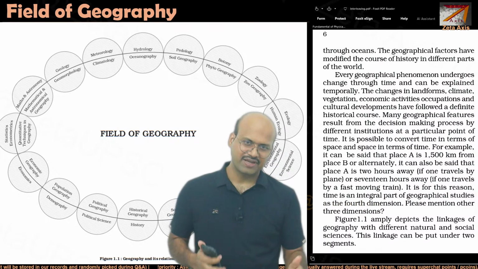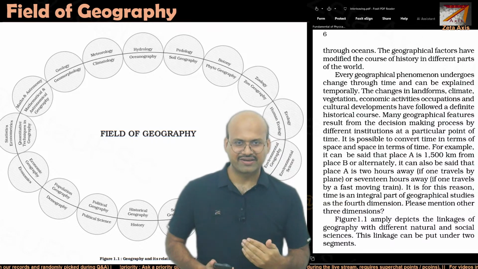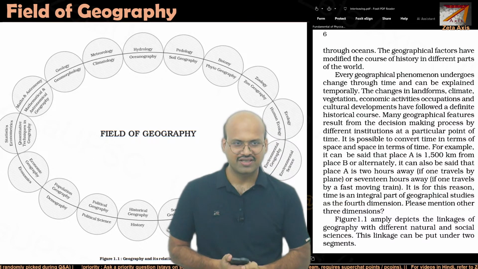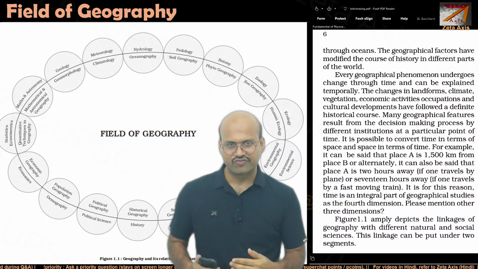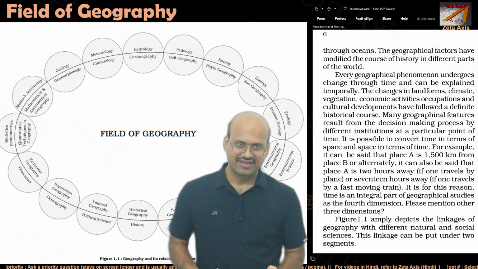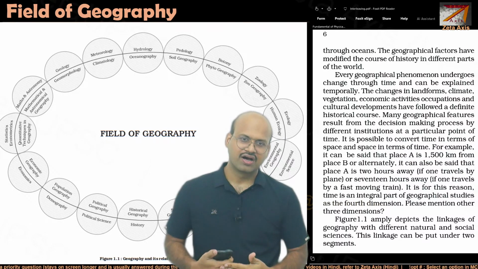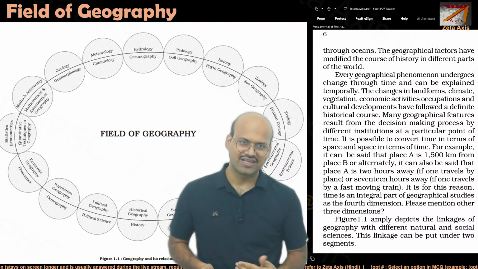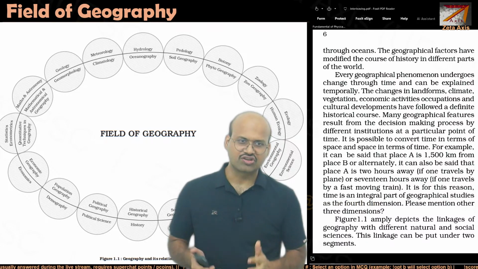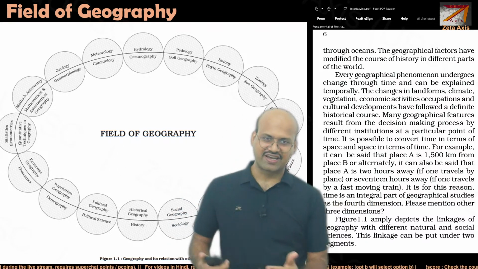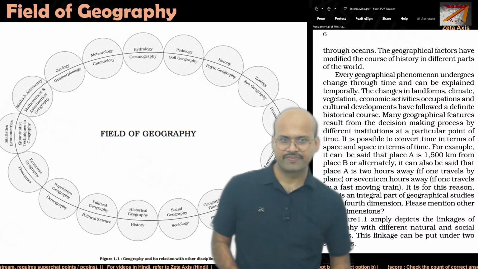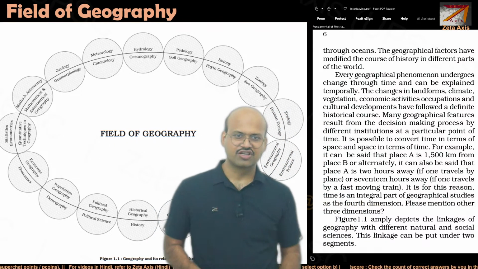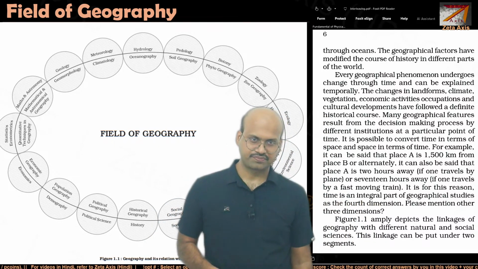Time and geography are interdependent, and you have to study a space over time to understand it completely. Humanity and certain decisions alter the features of a location. For example, if you have decided to build a dam at some location, then it will completely change the geography of that region.